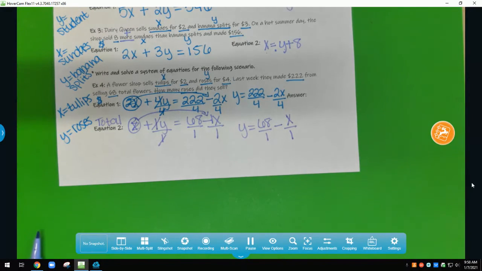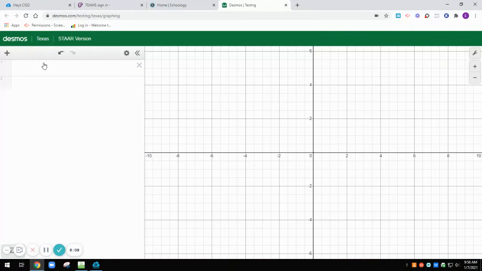So those are the two equations that we're going to go put into Desmos. So we have y equals 222 divided by 4, get out of the fraction, minus 2x divided by 4.